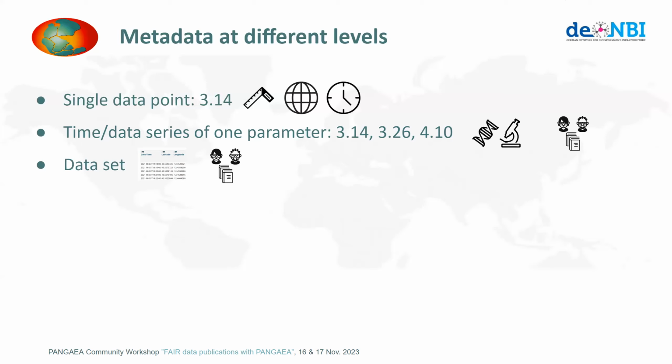For example, if some complex device was used, then usually more than one person has acquired the data. There might be reports on how the data was achieved, and additional information about funding, projects, expeditions, and so on.